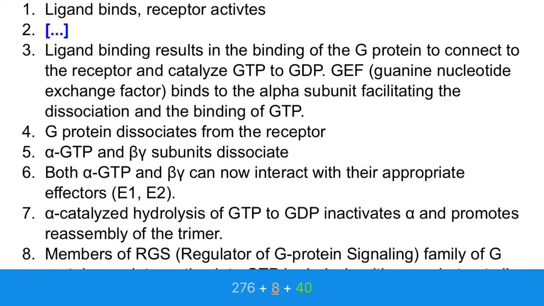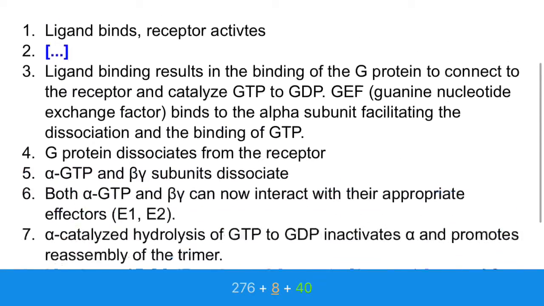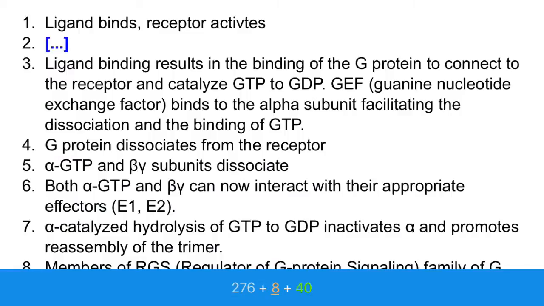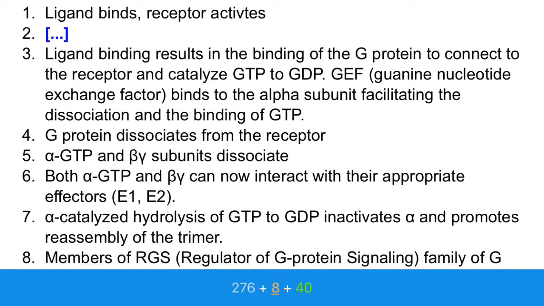Okay, ligand binds. This is the first transduction pathway that we looked at for GPCRs. Ligand binds, receptor activates. Then that alpha beta gamma trimer attached to the G protein receptor undergoes a change in conformation, so that a GTP could knock off the GDP.